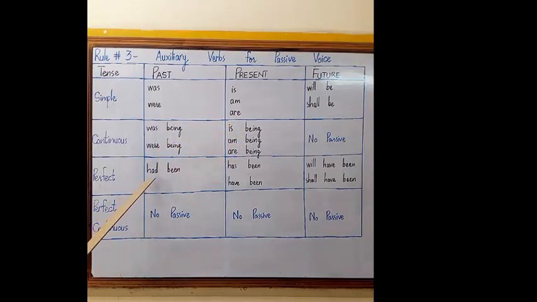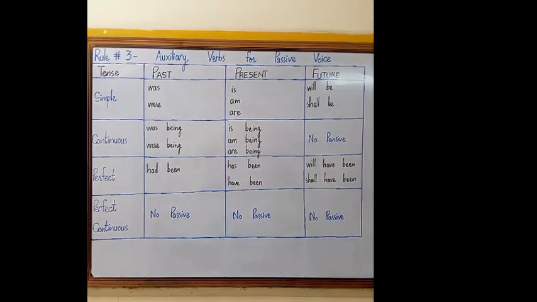For past perfect we have had been, and for present perfect we have has been and have been. So these are 8 tenses, 3 of past, 3 of present and 2 of future, which can be converted into passive voice, and the auxiliary verbs for passive sentences are written before you.